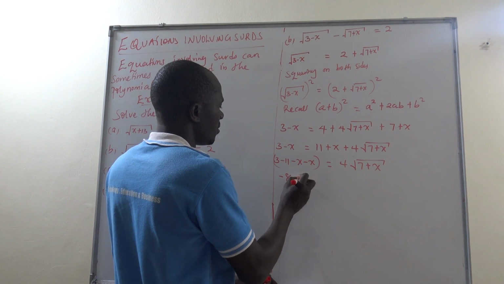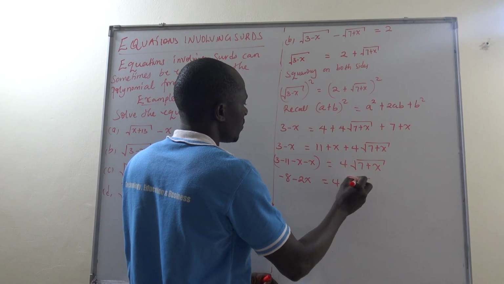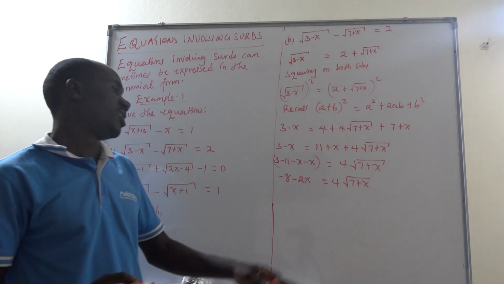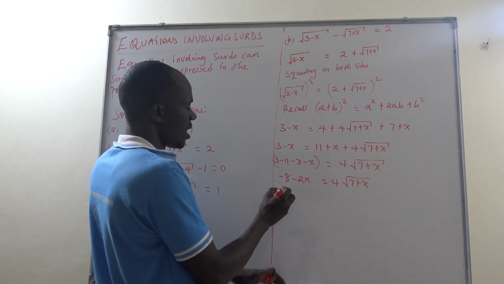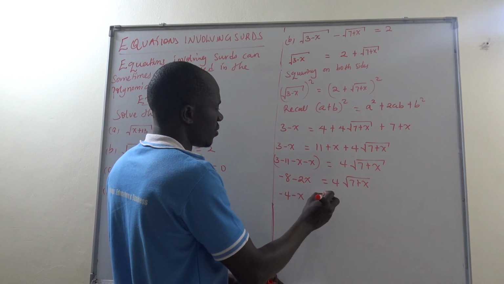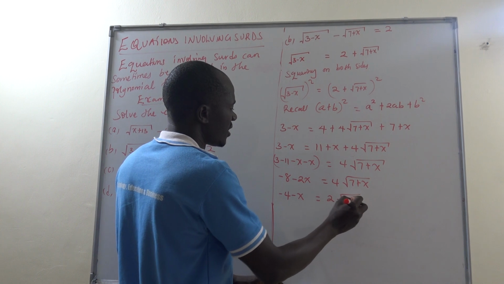Negative 8 minus 2x equals 4 root of 7 plus x. Still, what is common? What is common is a 2. 2 can be divided everywhere. Divide out by 2, I'm remaining with negative 4 minus x equals 2 root of 7 plus x.